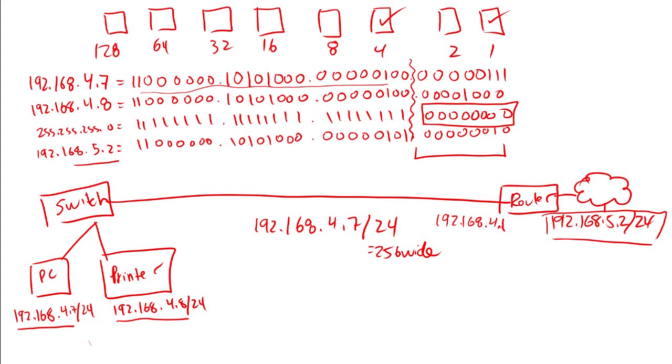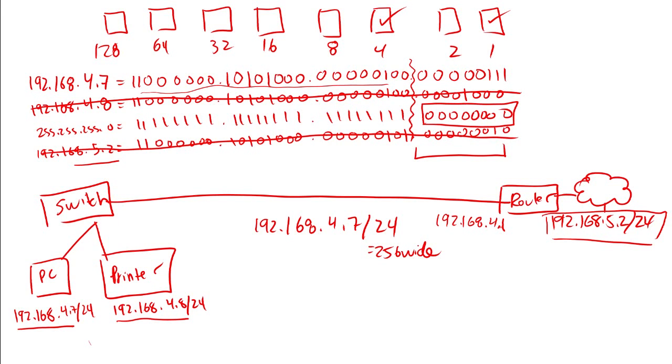So this portion, anywhere there's a 1, we're going to just forget about this address now, and we're going to do what we call masking.